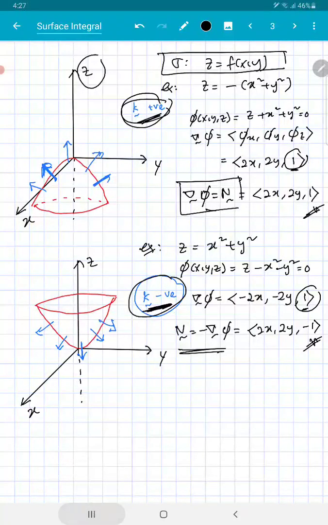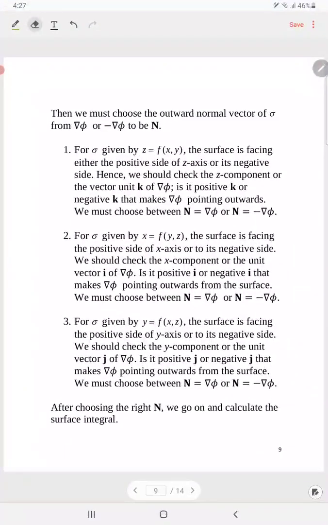Alright, now let's look at case number 2. Case number 2 is when your surface is given as x as a function of y, z. So your surface is going to be either facing the positive side of the x-axis or its negative side.